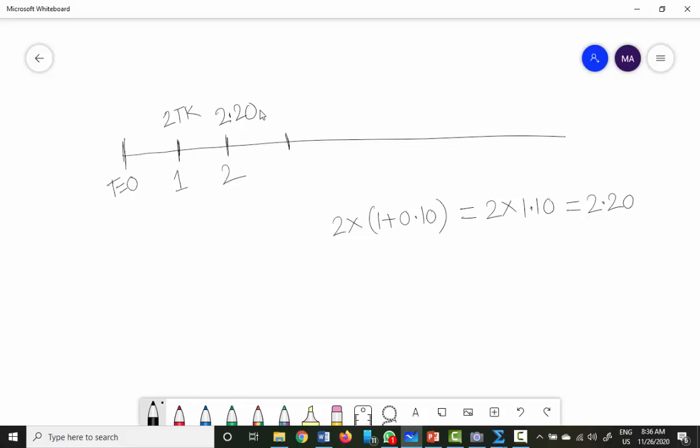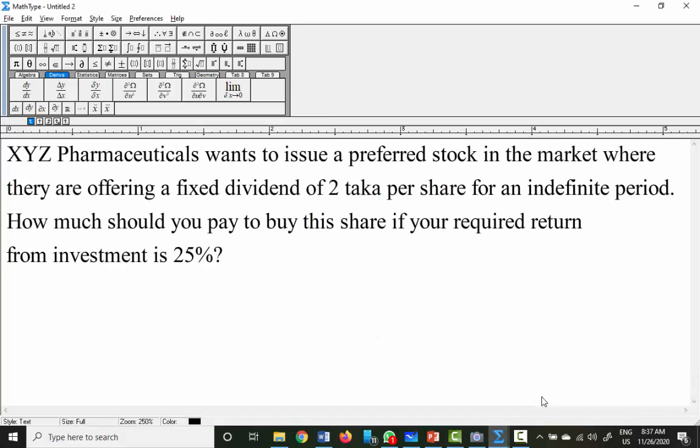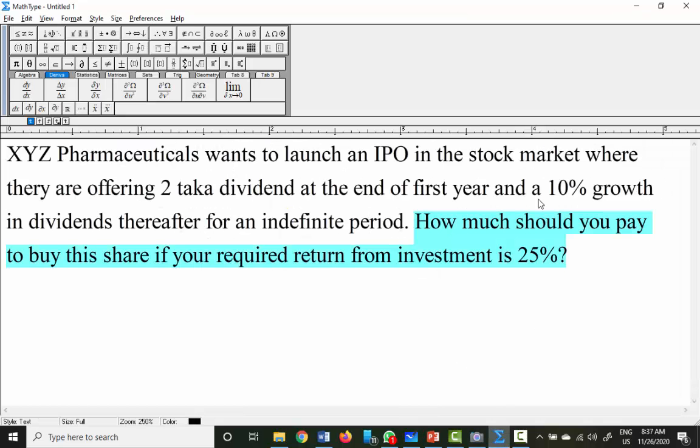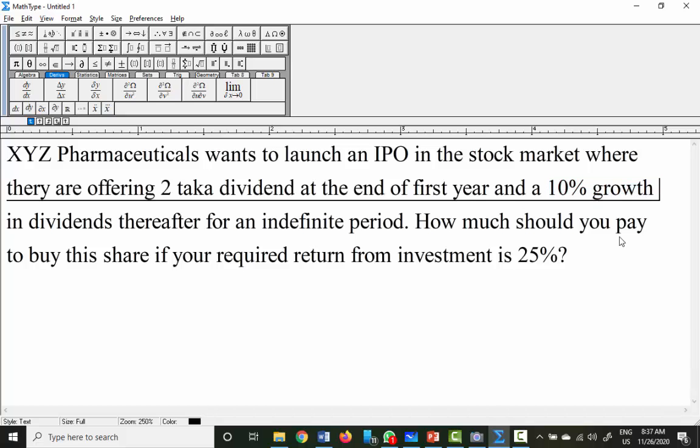After 3 years, at the end of the third year, the dividend will again grow by 10%. That means 2.2 multiplied by 1.10. In the question it said that the growth rate is 10%, so you will get a 10% growth rate in dividends thereafter for an indefinite period.